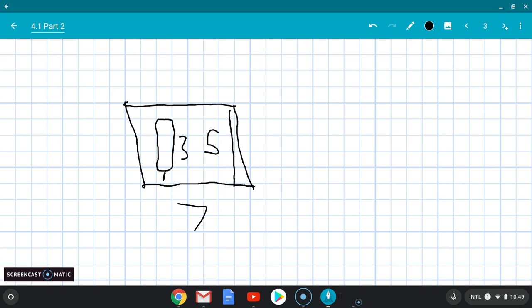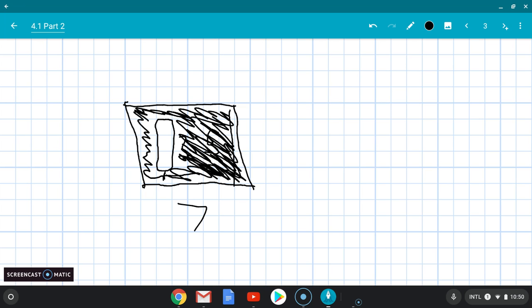Let's say that everything in this parallelogram is shaded, except for the rectangle. I'm going to do the best I can here to shade all this. Everything is shaded except for the rectangular 3 by 1 area, and they just want the area of the shaded region.